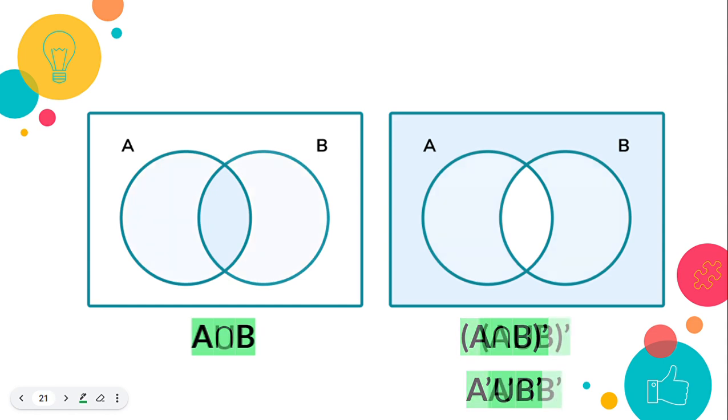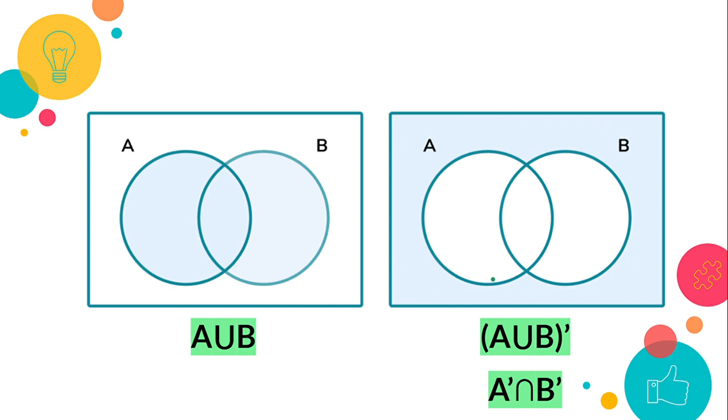Alright, so let's try another one. So again, this is the union of sets A and B. We basically just shaded all of A, all of B, put it together. Now, if I'm finding the complement, then it means I want everything outside of that region. So everything outside is shown right here.